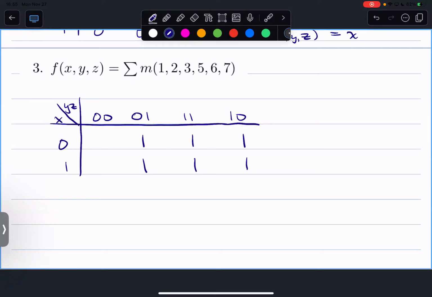And I'm going to leave the zeros blank, training wheels off. Okay. I can't make a group of 6 because I can't get 2 to the power of something to be 6, but I can make 2 groups of 4, which is going to require some overlap, but that's allowed.